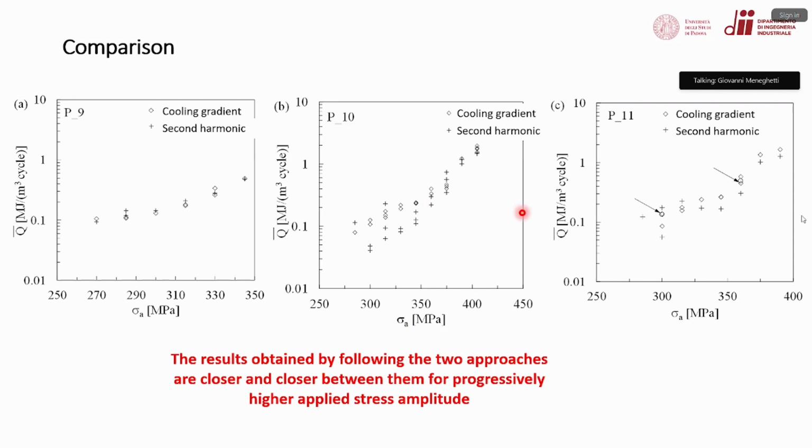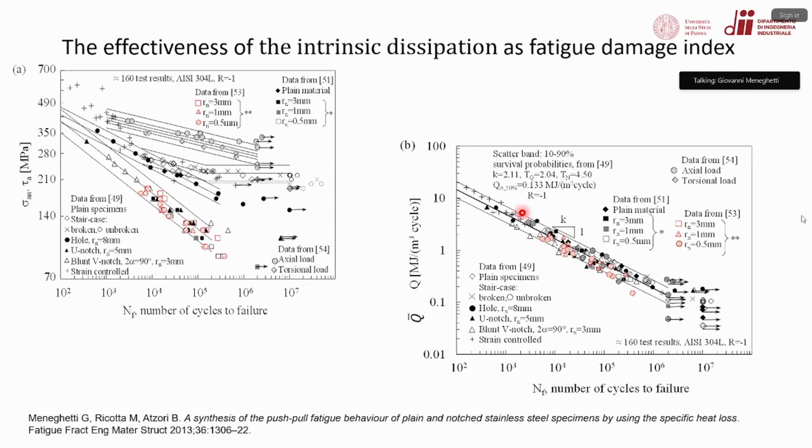So after applying these two approaches, the advantage of using the intrinsic dissipation, as I told you at the beginning of my talk, is that you can correlate some well-known fatigue effects, for example, the geometrical effects in fatigue. These two pictures are taken from this paper.